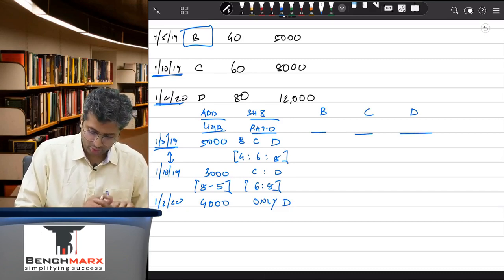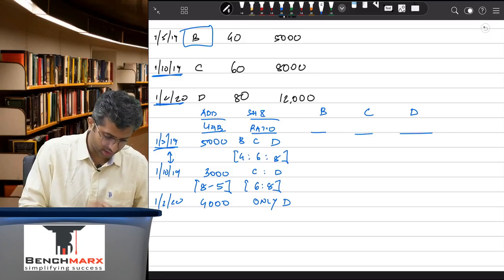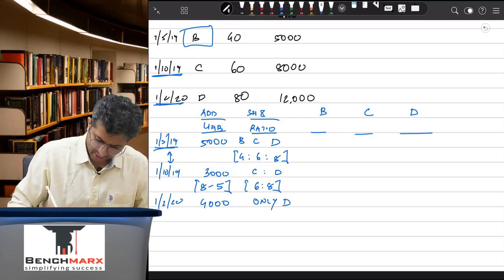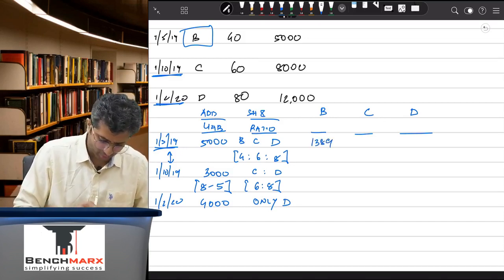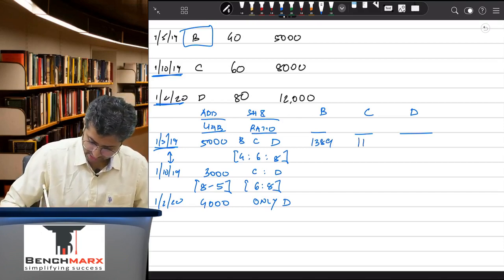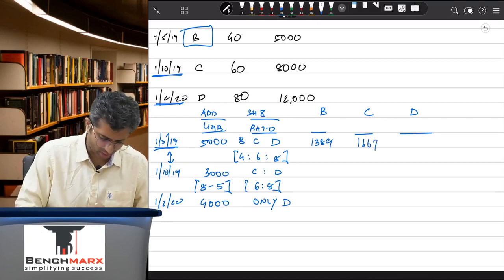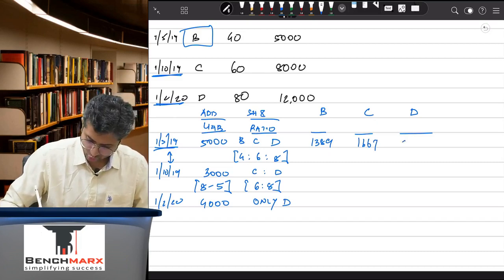If we total, let's say 4, 6, 8, so this is 5,000 into 4 upon 18. So I think 1389. I hope the calculations are correctly done. 5,000 upon 18 into 6, this is 1667. We can just ignore that rounding. 5,000 upon 18 into 8, which is 2222.